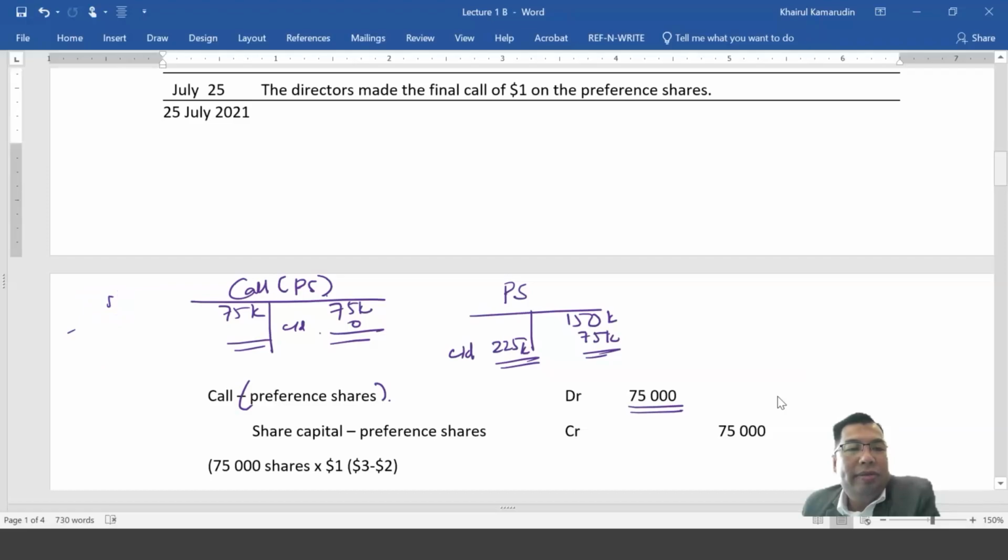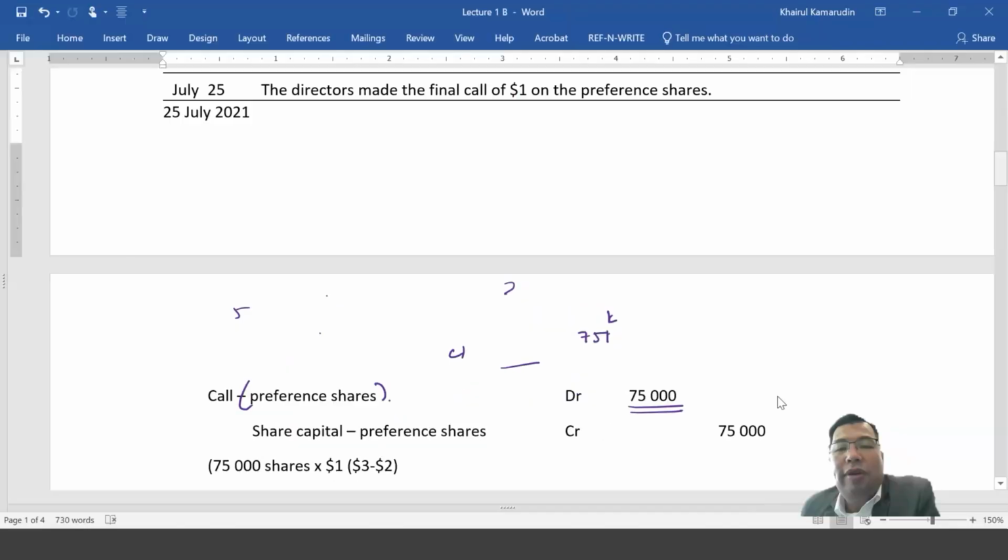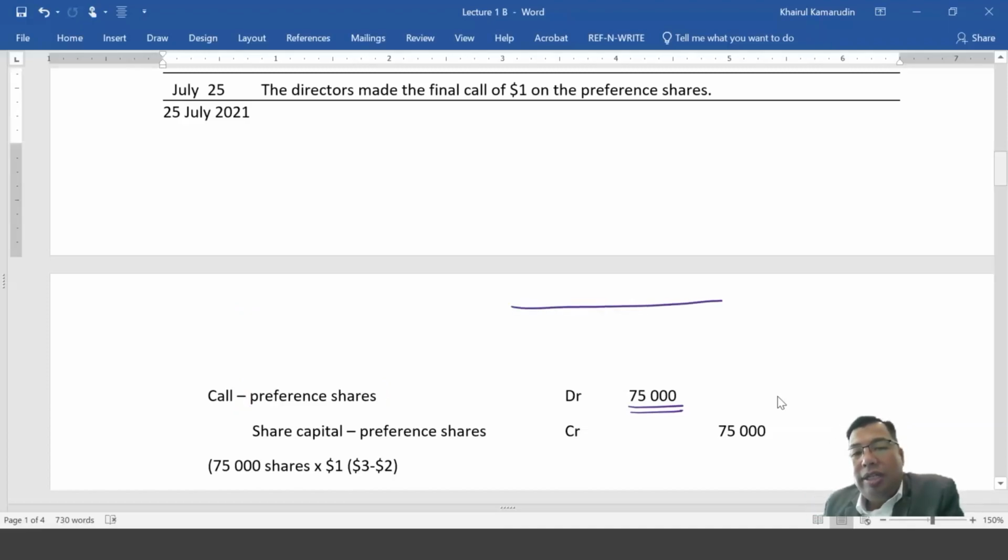Let me repeat again. What is the process then? Maybe in terms of account, it's much easier to show rather than showing the journal entry. Let me go slowly again. Okay, this is your preference shares, PS. Your balance BD is 150,000.